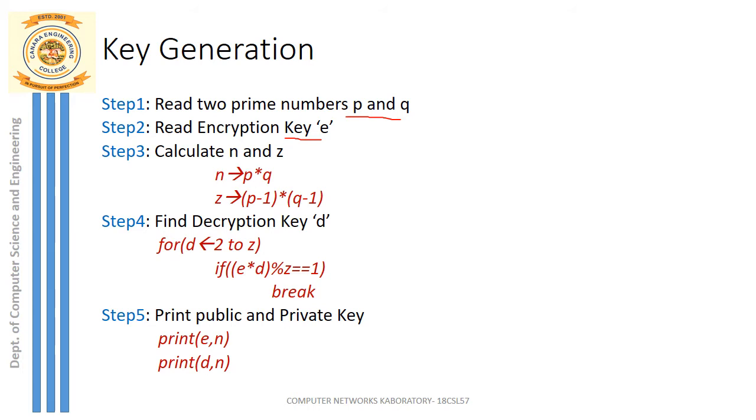Whenever you select the E value, it must be co-prime to the value of phi of n, that means GCD of phi of n and E must be equal to 1. So this also can be done. To simplify the pseudocode, here we read the value of E from the user.